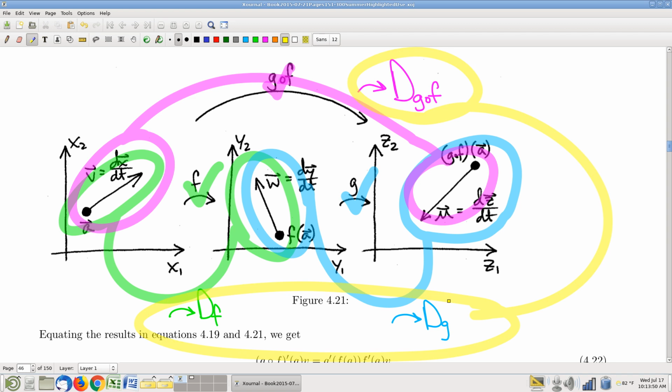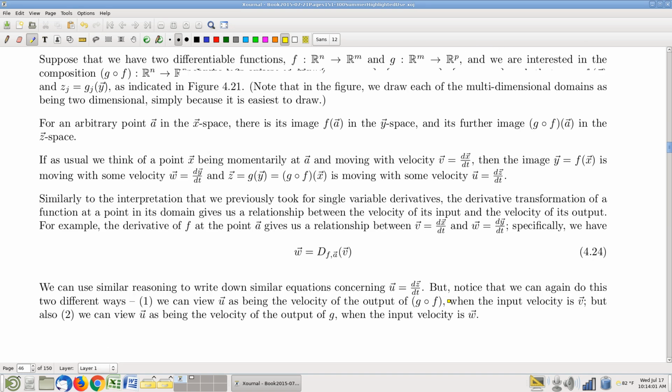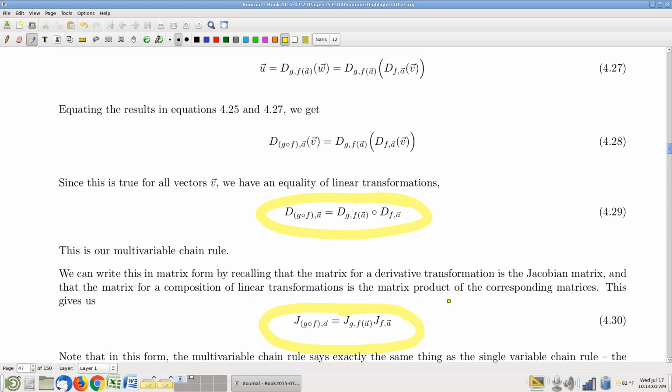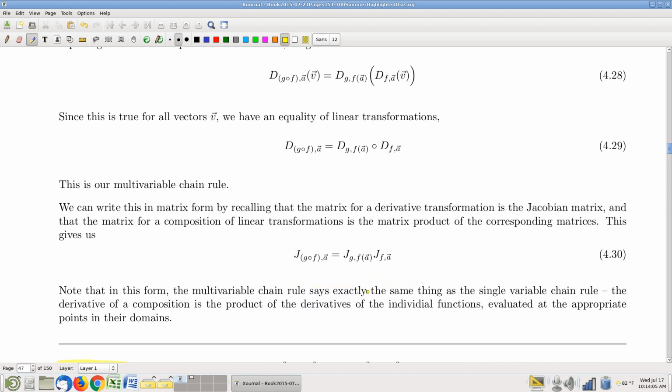Which, by the way, notice is we're going to first do the derivative transformation of f, and after that we're going to apply the derivative transformation of g. And that's really easy to write down, as it turns out. Here it is. The derivative transformation of the composition says, first plug into the derivative transformation of f, then plug into the derivative transformation of g.